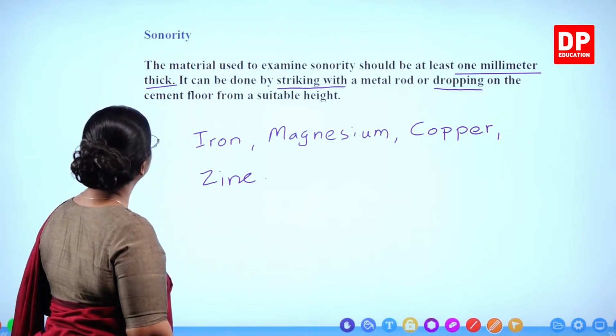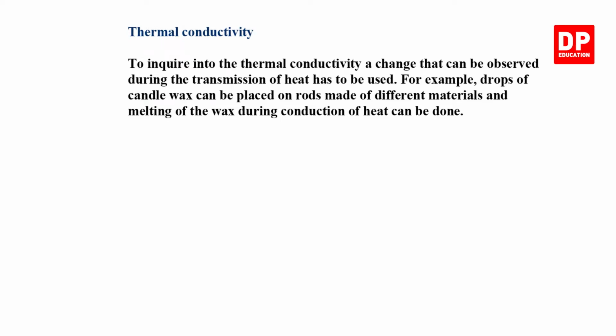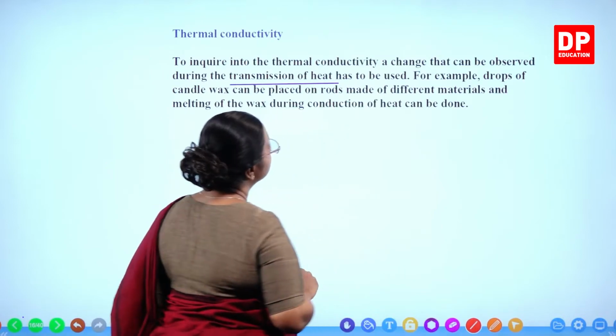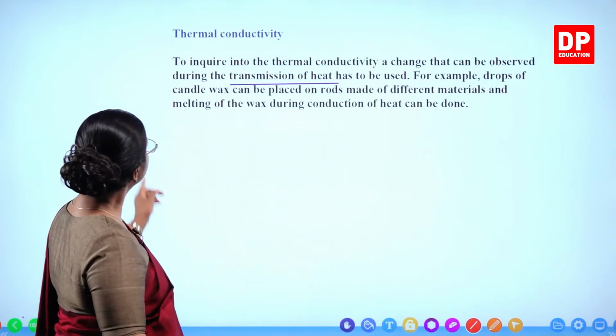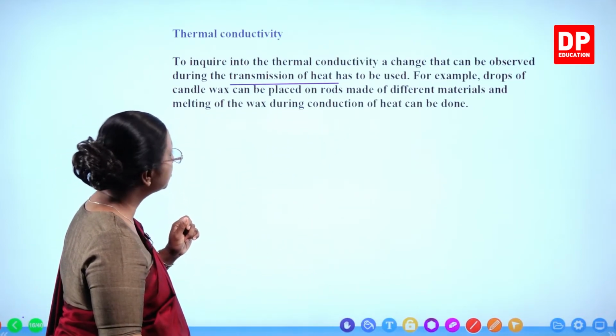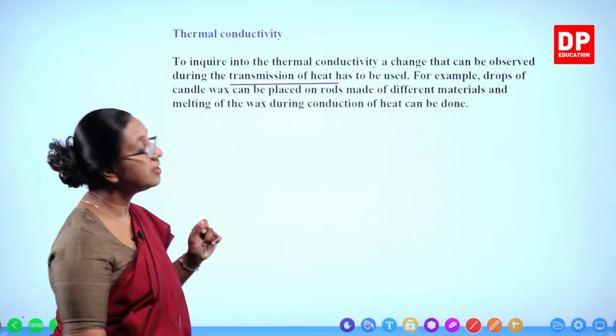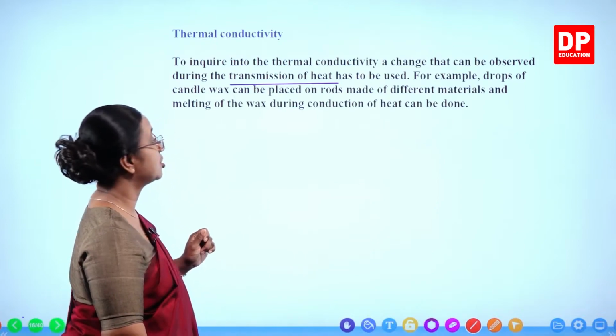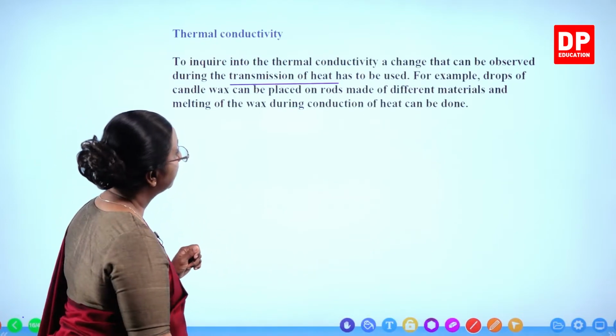Then the next property, that is thermal conductivity. To inquire into the thermal conductivity, a change that can be observed during the transmission of heat has to be used. For example, drops of candle wax can be placed on rods made of different materials and melting of the wax during conduction of heat can be observed.